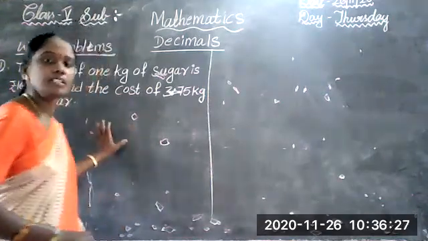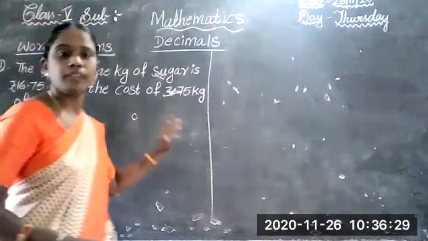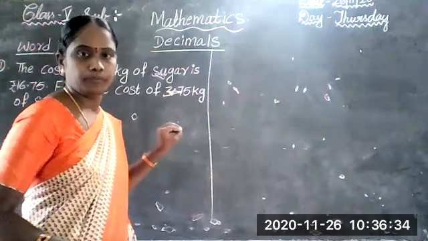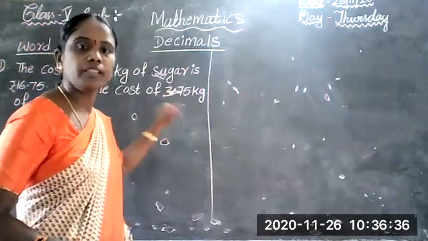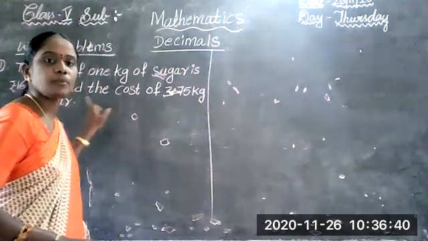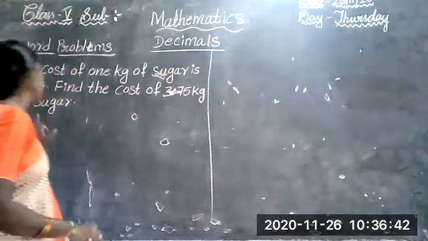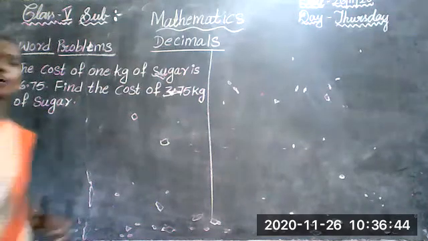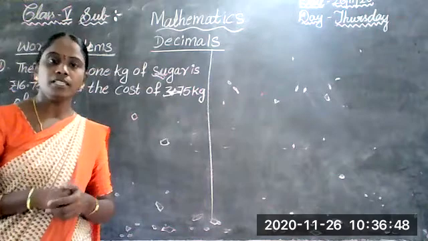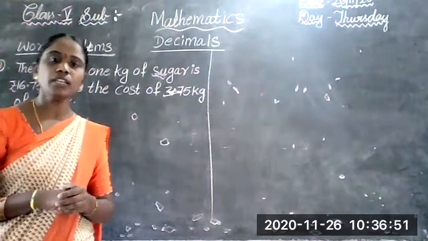First, write the statements. How can we write the statement? First, you read the question and understand the problem. What is given in the problem? Rupees 16.75. What is 16.75? Yes, 1 kg of sugar cost.